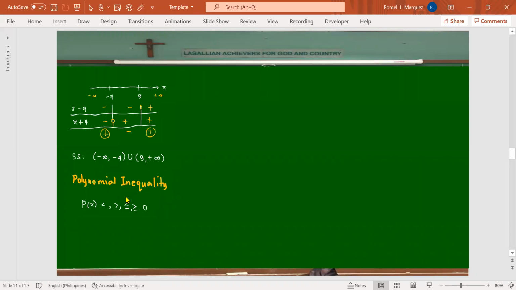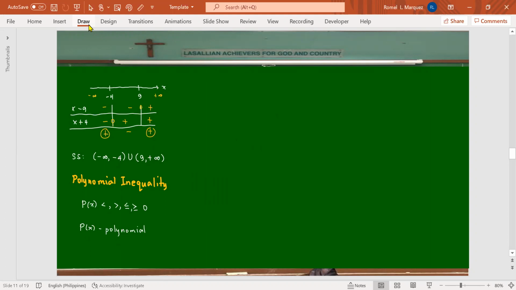Remember, the right side must be 0. Where p is a polynomial in x. It can be in x or in y, depending on the variable.